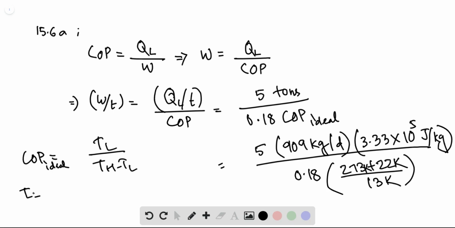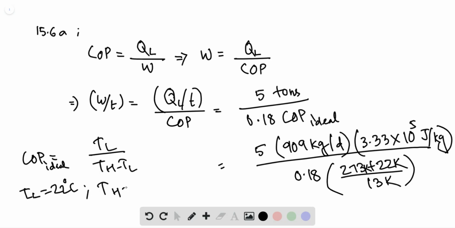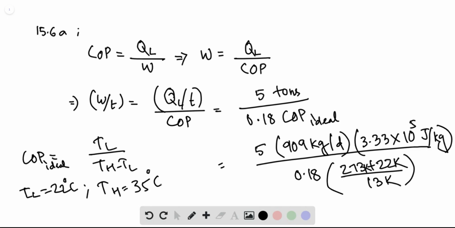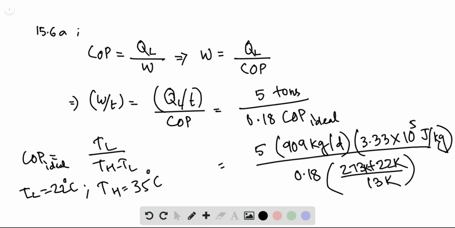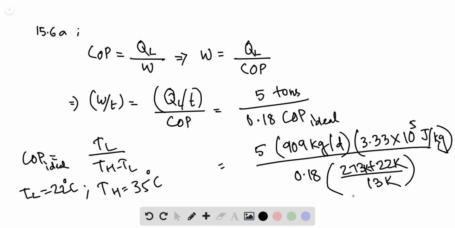TL is given to be 22 degrees C, and TH is 35 degrees C. So the difference in Kelvin makes it 13 Kelvin. We have already plugged that in over here, and TL in Kelvin will be 22 plus 273. So that's the ideal COP.